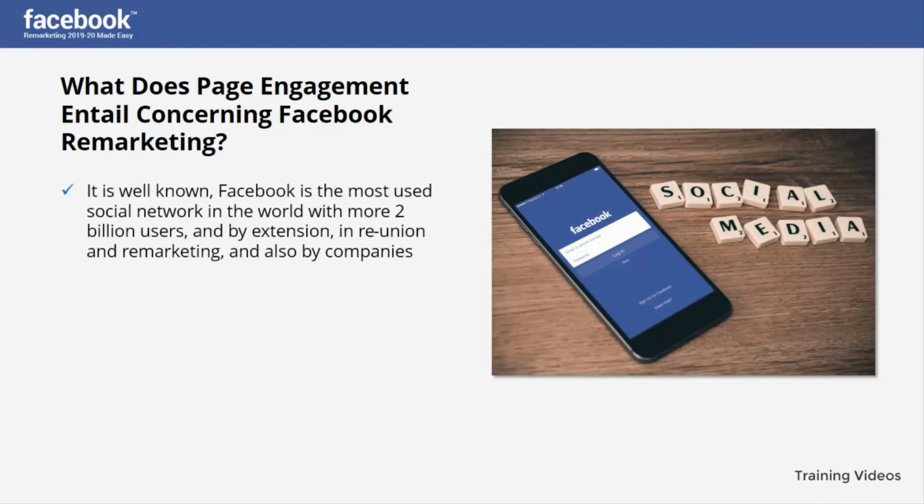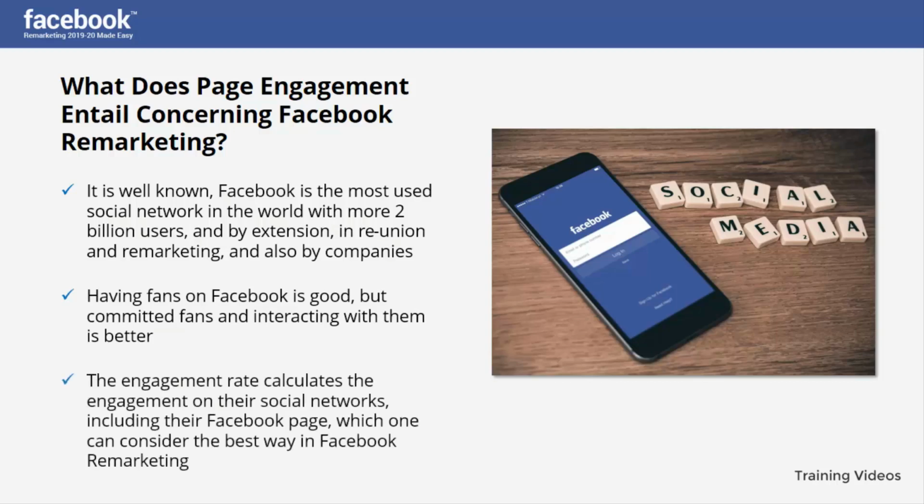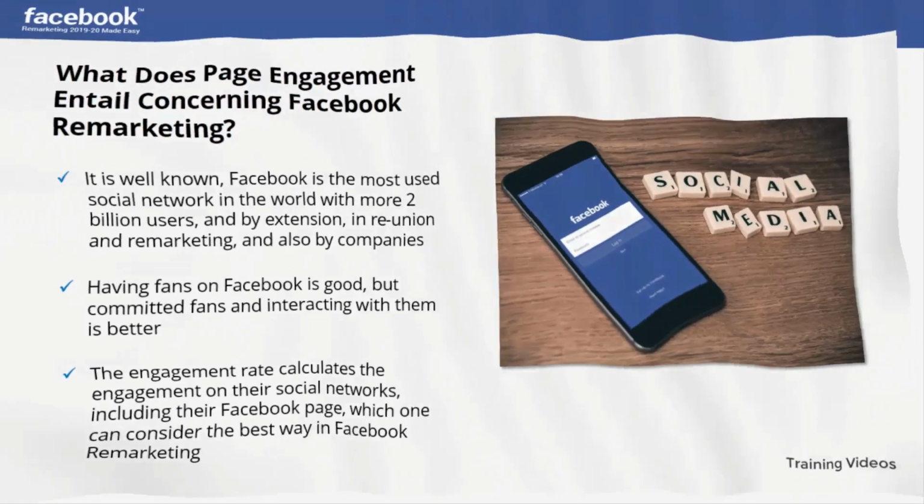It is well known Facebook is the most used social network in the world with more than 2 billion users, and by extension, in remarketing, and also by companies. Having fans on Facebook is good, but committed fans and interacting with them is better. The engagement rate calculates the engagement on their social networks, including their Facebook page, which one can consider the best way in Facebook remarketing.